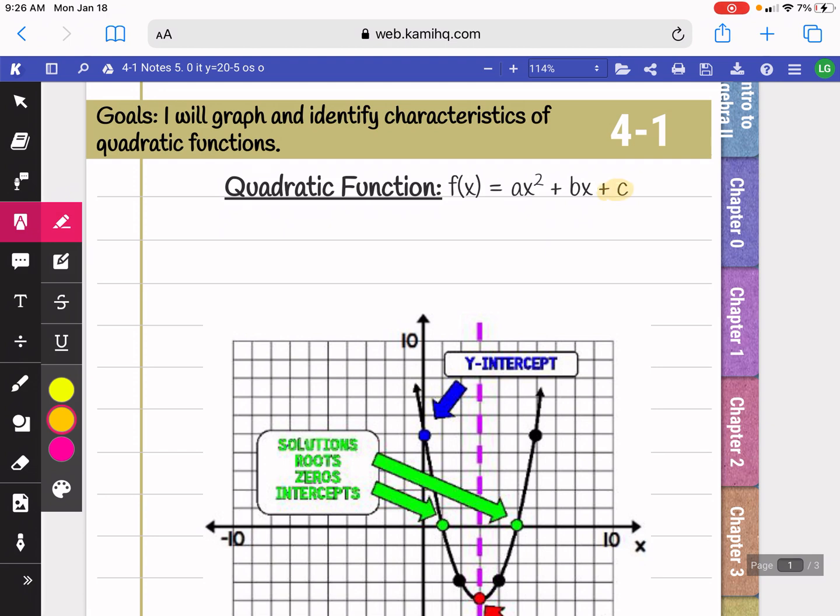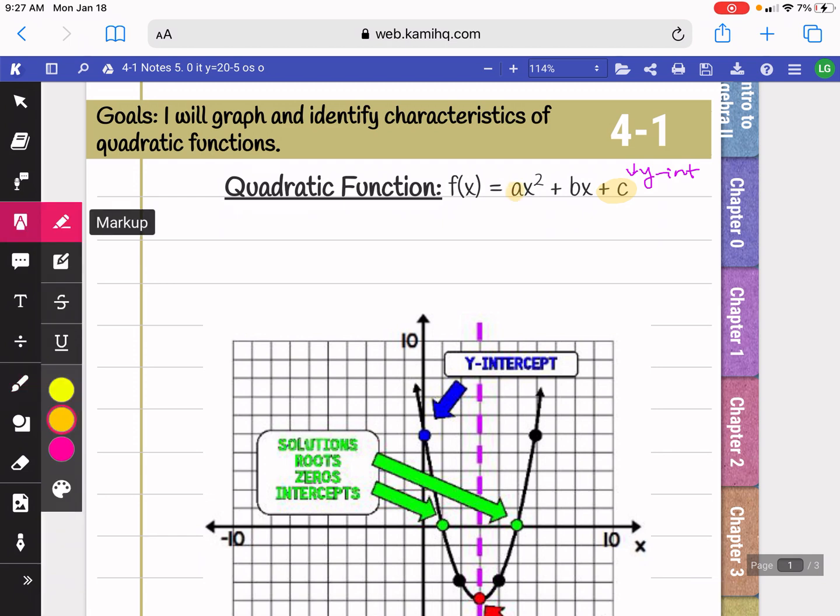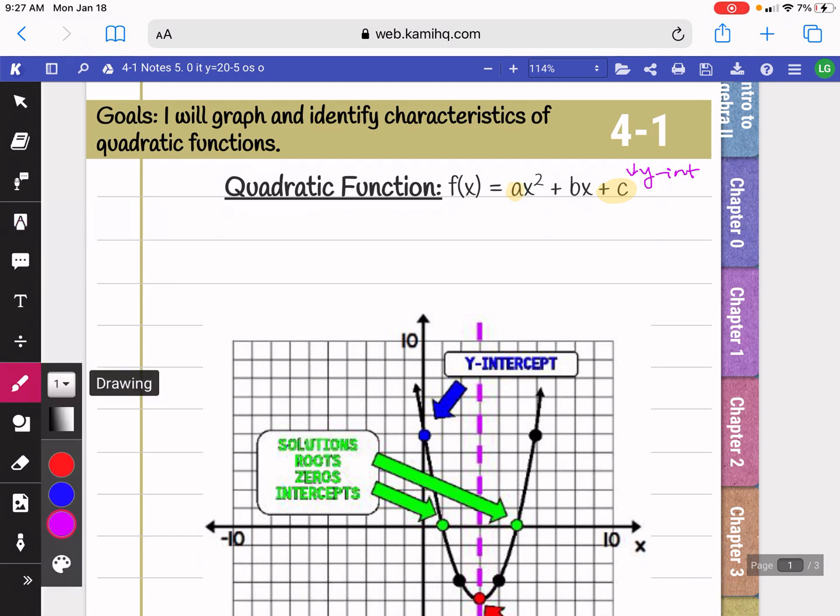So your c is always going to be your y-intercept. In other words, your constant, or the number that's not attached to an x or a variable, will be your y-intercept. And then your a, the number in front of x squared, tells you your direction of opening.